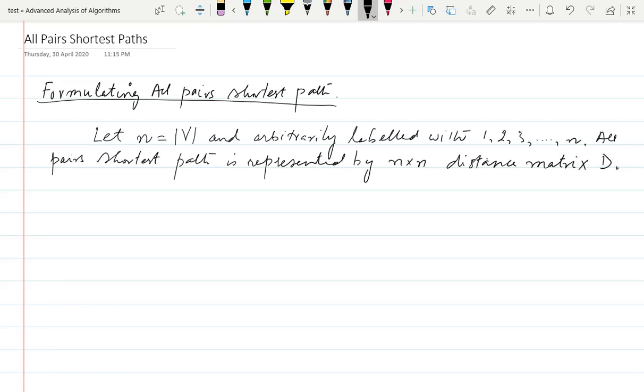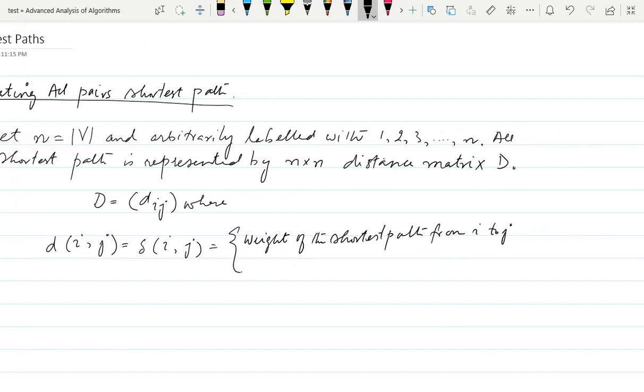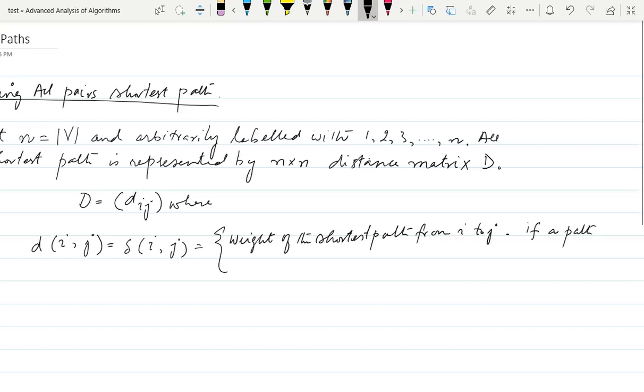Let's represent it with capital D. Then D is equal to Dij, where Dij is the shortest path between i and j, which is equal to the weight of the shortest path from i to j, provided a path exists.